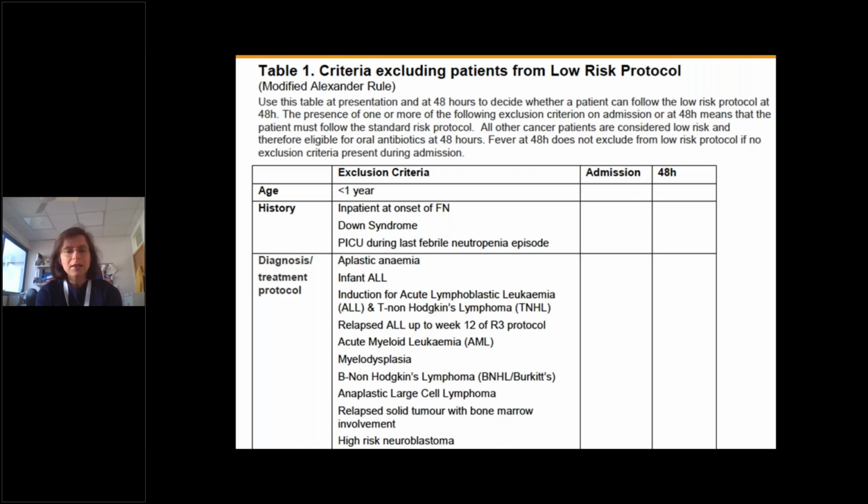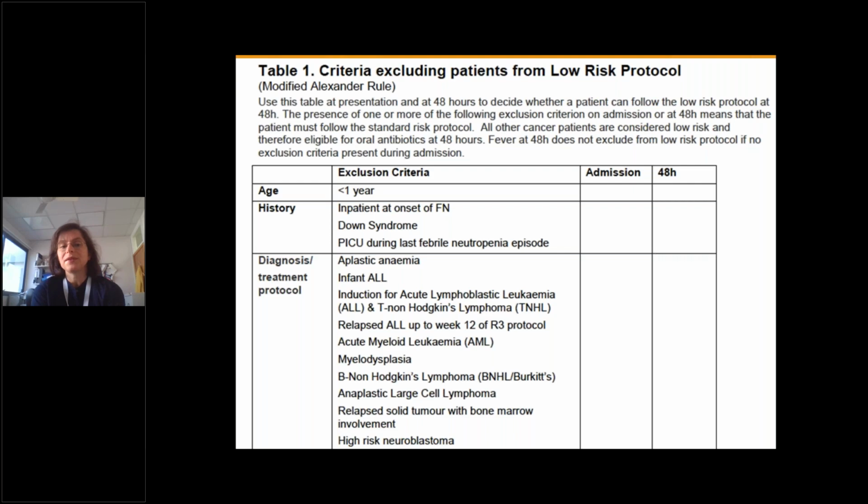Down syndrome patients are again very fragile, tolerating chemotherapy very poorly. Having been in PICU during the last febrile neutropenia episode is a surrogate for a patient who might have some sort of disimmunity, or an immune system which reacts in a particularly aggressive way to infections.